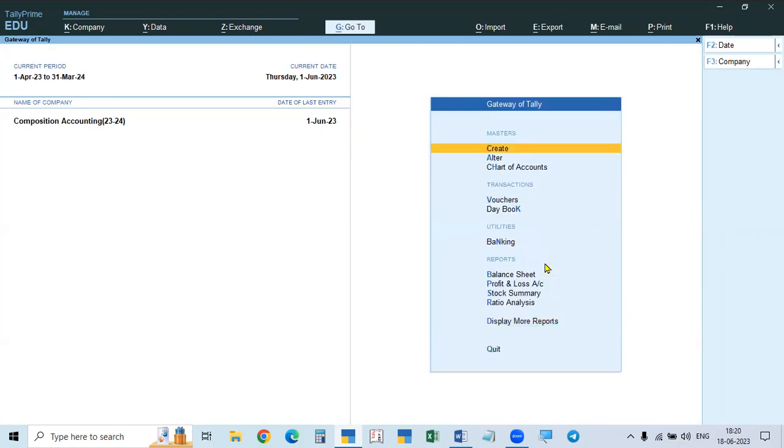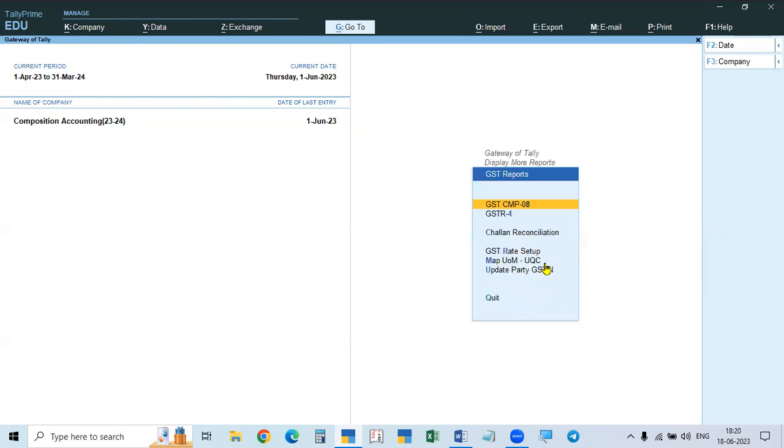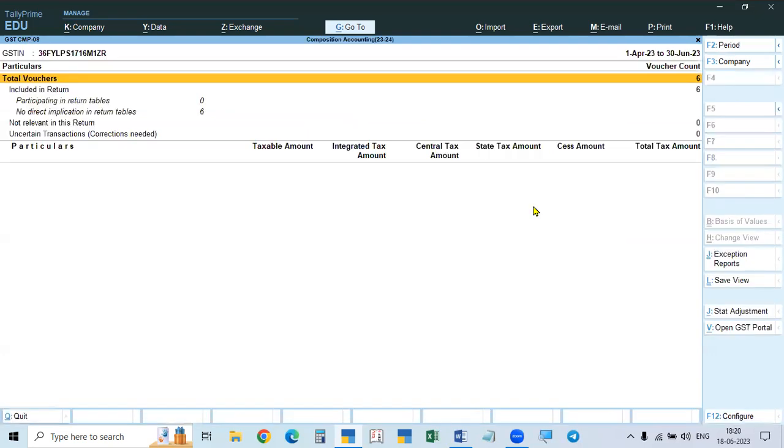And if you go to display more reports and GST reports, they will show only GSTR 4, and this is the annual return, but here it is not useful, only after the year we take up this. So here, see, April to June.